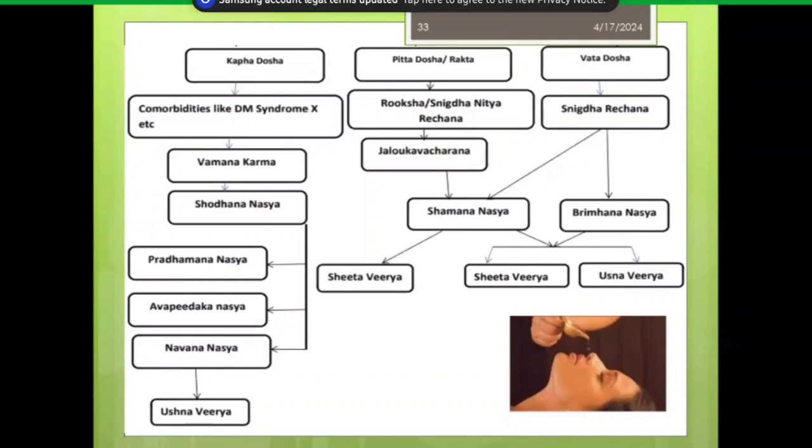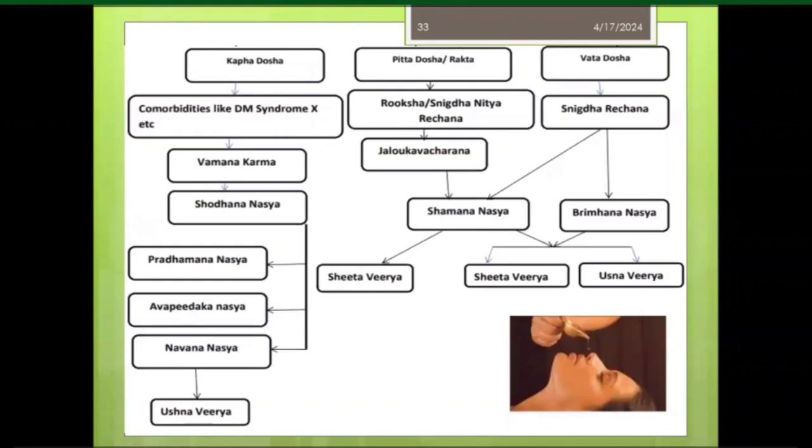You have to always identify this as an opportunity to treat kapha. We have already discussed the signs and symptoms. One point is signs and symptoms; based on them, you are supposed to treat according to the involvement of kapha.